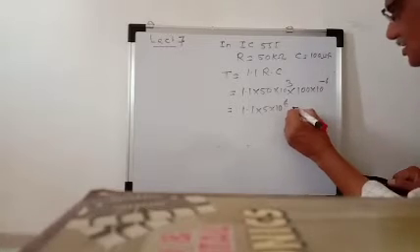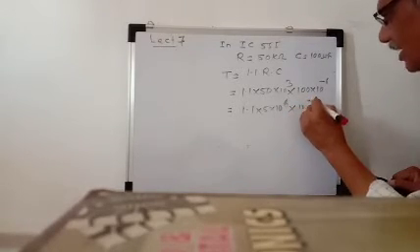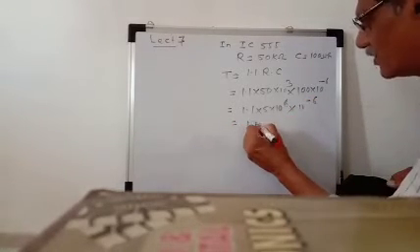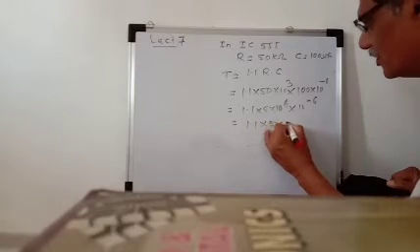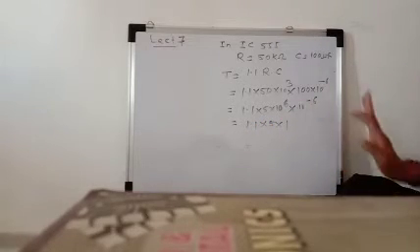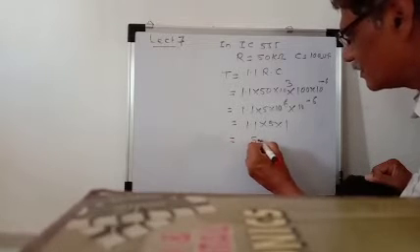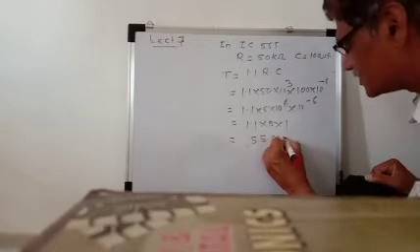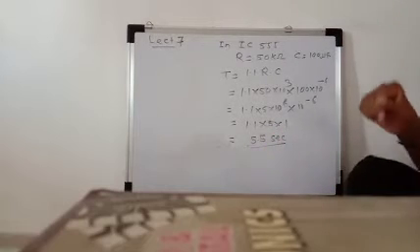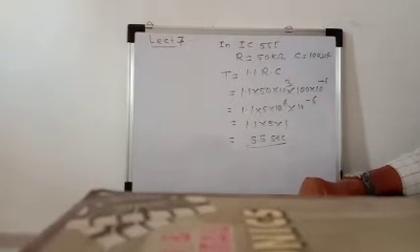So 10 raised to 6 into 10 raised to minus 6, that is 10 raised to 0, that is 1. So 1.1 into 5 into 1 is 5.5 seconds.